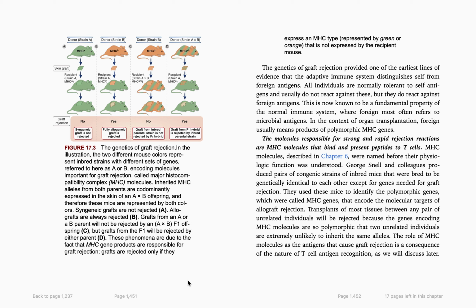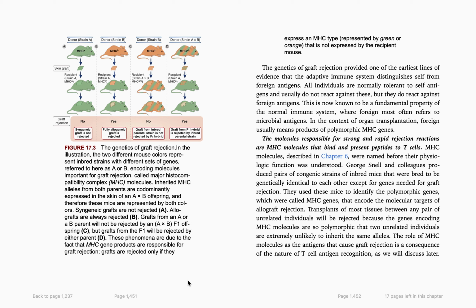MHC molecules, described in chapter 6, were named before their physiological function was understood. George Snell and colleagues produced pairs of congenic strains of inbred mice that were bred to be genetically identical to each other except for the gene needed for graft rejection. They used these mice to identify the polymorphic genes, called MHC genes, that encode the molecular targets of allograft rejection.